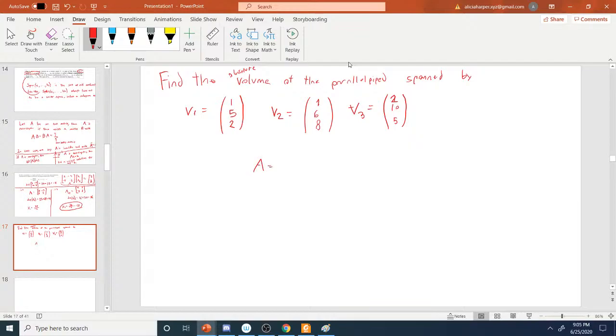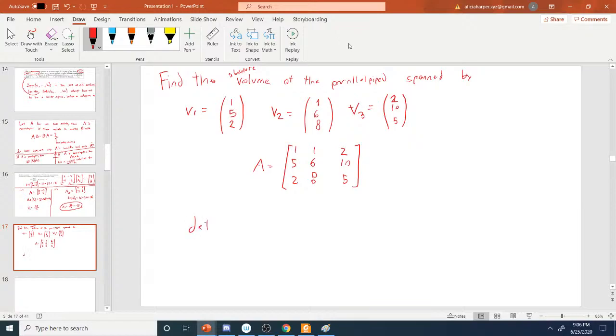My matrix here will be A. It'll be 1, 5, 2, 1, 6, 8, and 2, 10, 5. Now I could either compute the determinant of this via cofactor expansion, or I could compute it using row reduction. I'm going to do both just to give you guys a little bit of insight.